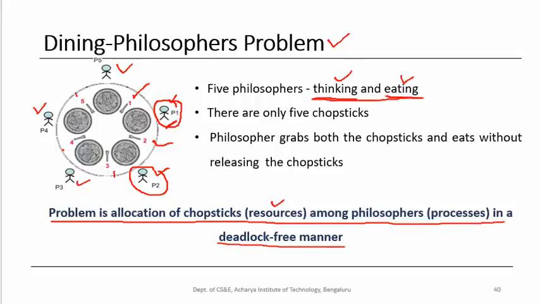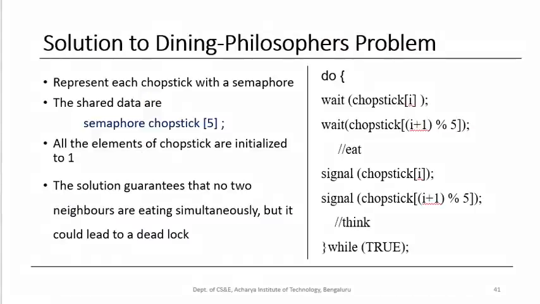Now let's see how this problem can be solved. We want to allow philosophers to eat in a mutually exclusive manner using the limited chopsticks that we have. This is the solution to the dining philosophers problem.